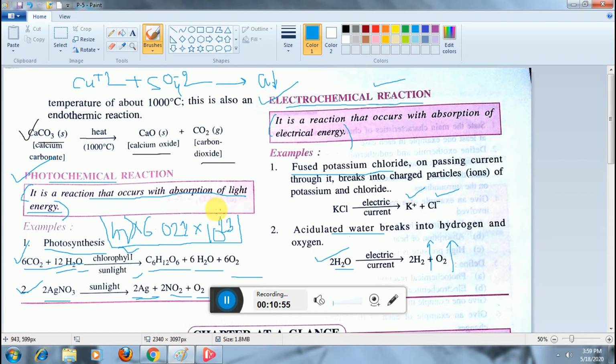This is an example of an electrochemical reaction. Copper is deposited if we use platinum electrodes. If we use copper electrodes, then the copper sulfate solution breaks to produce copper deposited on the cathode, and from the anode copper is destroyed. So this is the decay of the copper anode, and this is the deposition of copper on the cathode.